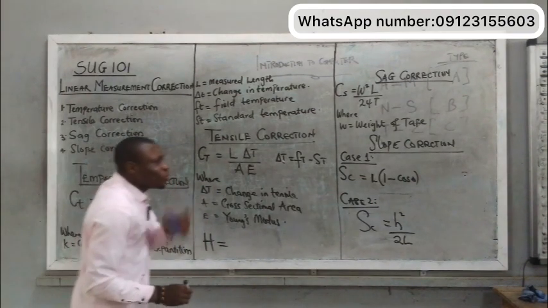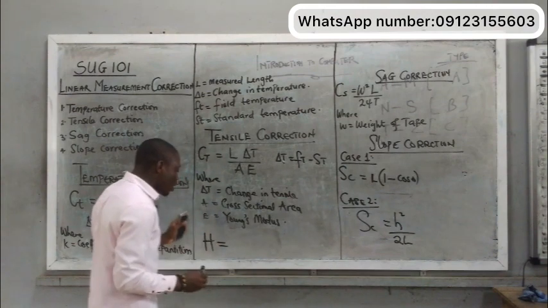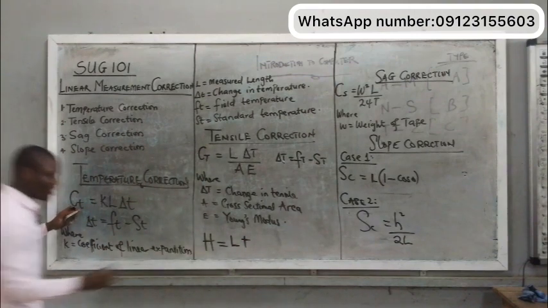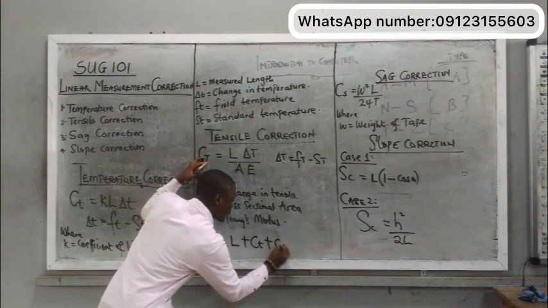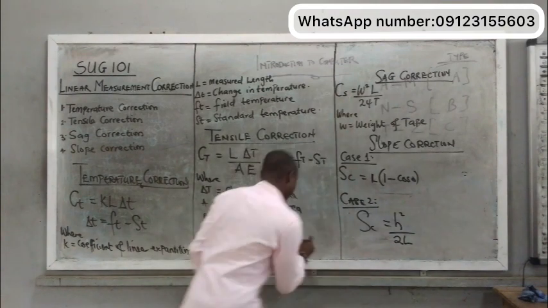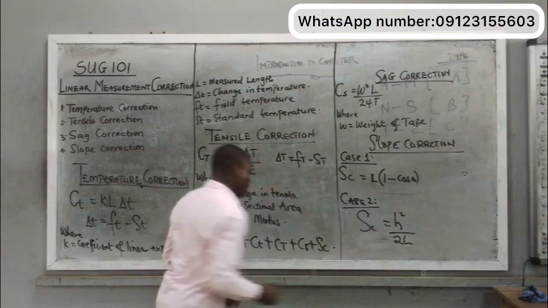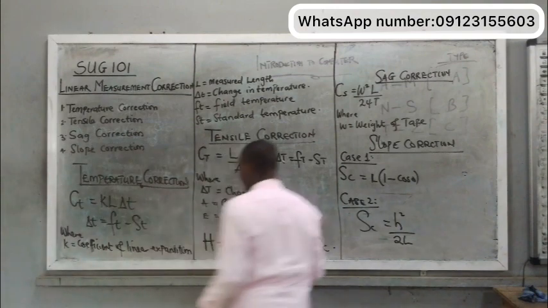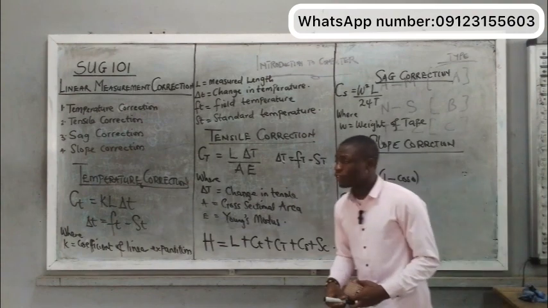In that question, they will give you the length. I'll give you a past question and we'll solve it together. So, length, plus CT, also plus CS, plus SC. This is my formula to solve true horizontal length in linear measurement correction. Please note this. Let's take a question and solve it together.